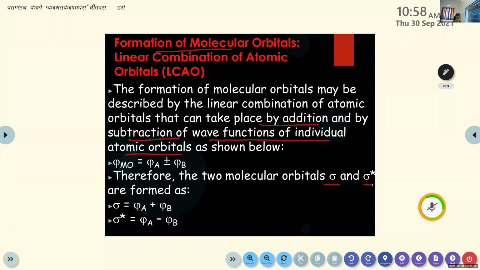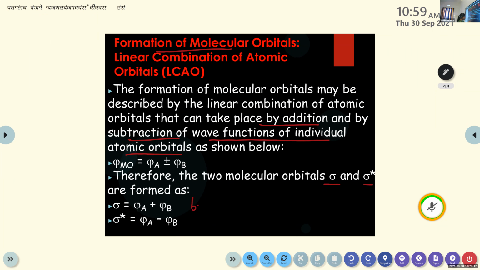So we can rewrite this equation separately. Sigma is equal to psi A plus psi B. Bonding molecular orbital will be formed by the addition of these two atomic orbitals, and the anti-bonding molecular orbital will be formed by the subtraction of these two atomic orbitals.